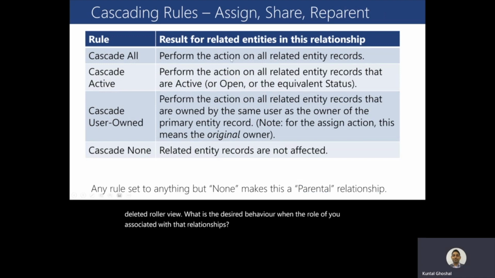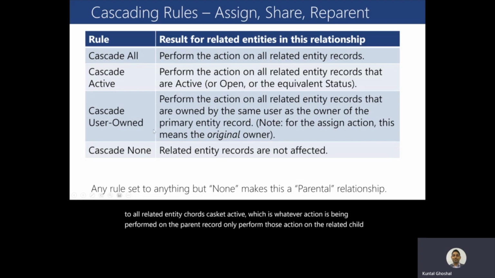So these are the cascading rules that get applied during assign, share, or reparent types of action. Cascade all, which is basically performing this action on all related entity records. Cascade active, which is whatever action is being performed on the parent record, only perform those actions on the related active child records.